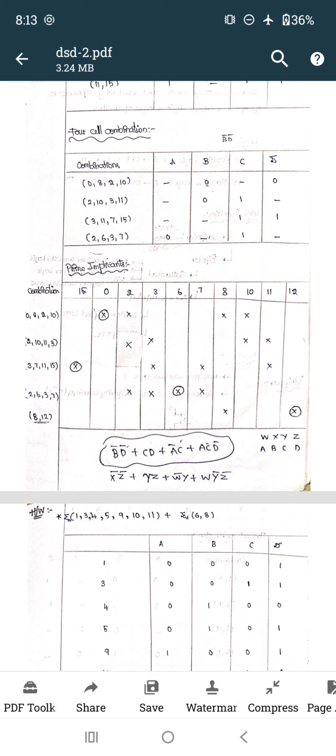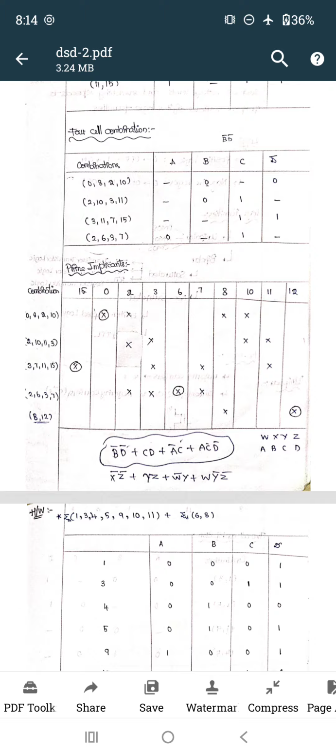So we check only the single x in the corresponding minterms. The first one is the 0th minterm having only a single x, then the 15th minterm has only a single x, the 6th minterm has only a single x, and then the 12th minterm has only a single x. Considering this, the first one is CD.